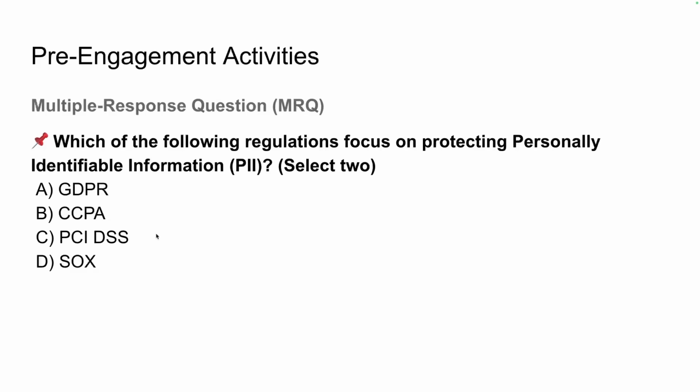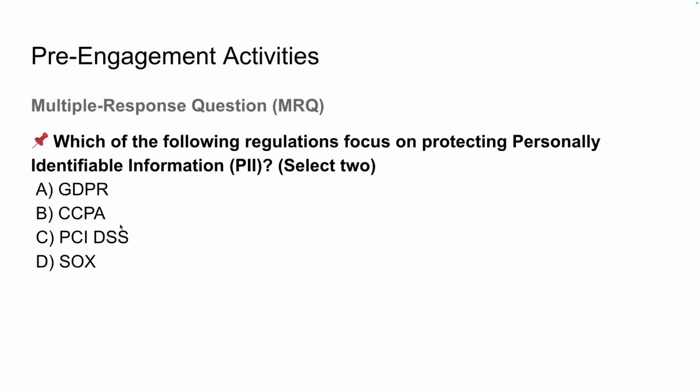Which of the following regulations focuses on protecting personally identifiable information? Select 2. So PII, personally identifiable information. I'm going to say GDPR is definitely one of them. PCI DSS is technically personally identifiable information as well.